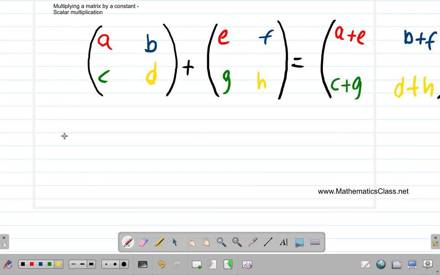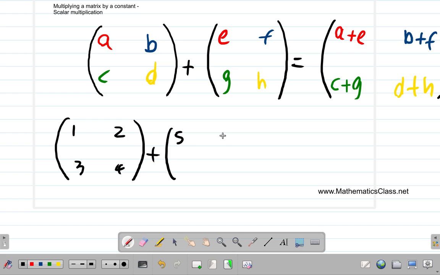Let's look at an example now with numbers. Here we have numbers 1, 2, 3, 4, plus the next, which is 5, 6, 7, 8. Suppose you have those two matrices to add. Remember now, it's going to be element in row 1, column 1, plus element in row 1, column 1.